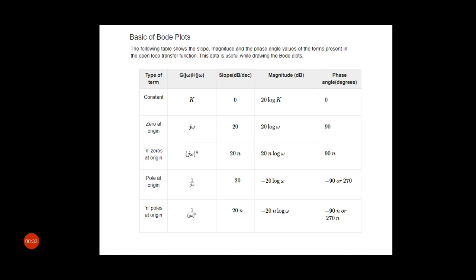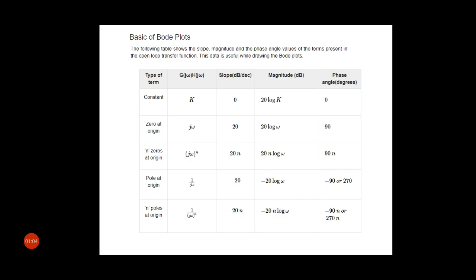So we have already discussed what happens if we have a constant term. Okay, so the type of term is constant. If we have a constant term, like our open loop transfer function G(jω)H(jω) has a K term, that means a constant term, then the slope of that constant term is 0 dB per decade, the magnitude is 20 log K, and the phase angle is 0 degree.